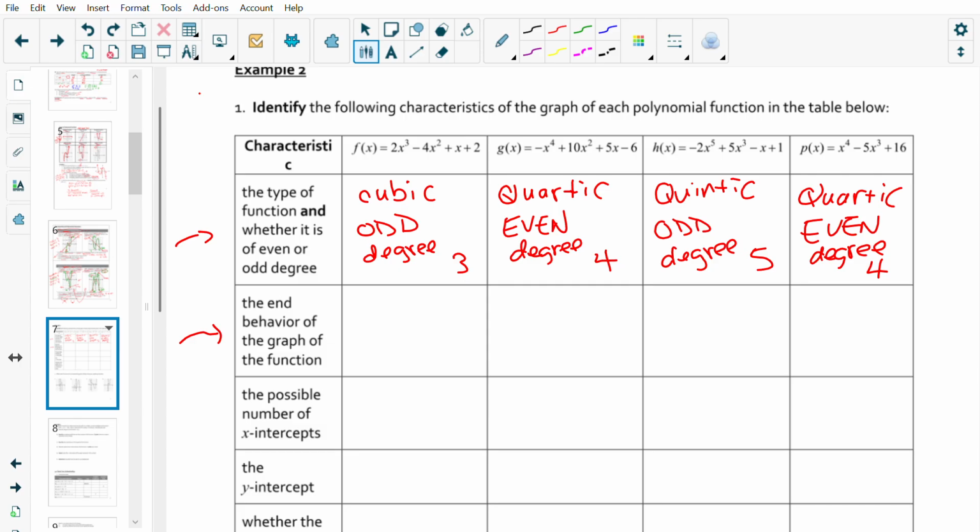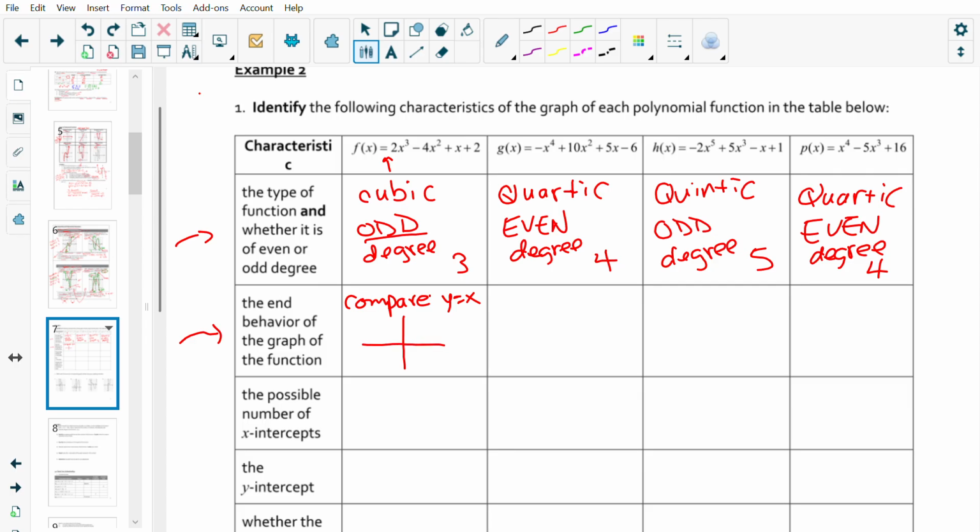All right, let's talk about the end behavior of the graph of the function. So for an odd degree, I'm going to compare it to y equals x, because that's a positive LC, lead coefficient. So what does y equals x do?